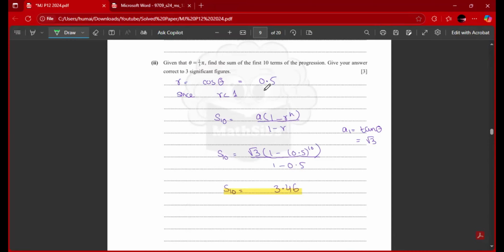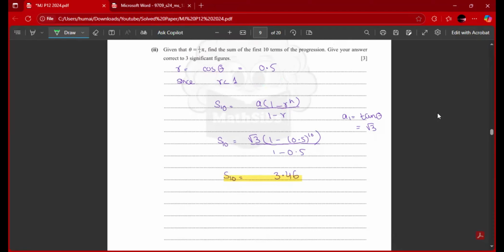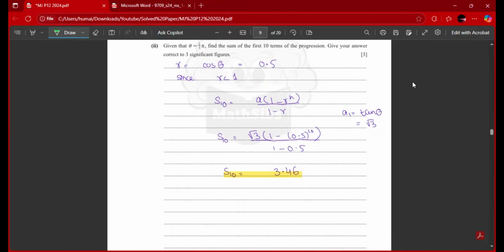Since our value of r is less than 1 and greater than minus 1, we're going to use the formula a times 1 minus r to the n over 1 minus r. So why are we using this formula and not the other formula?